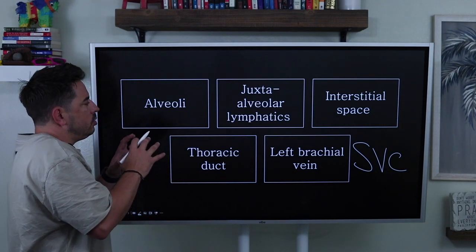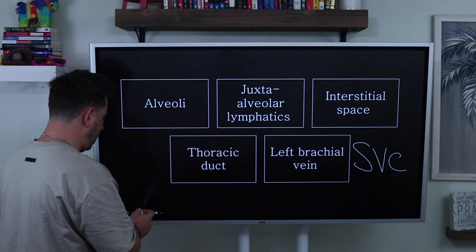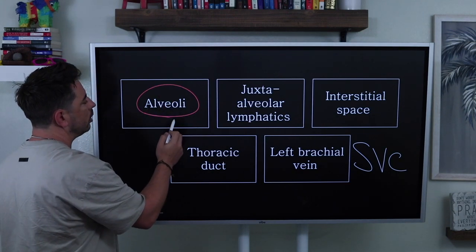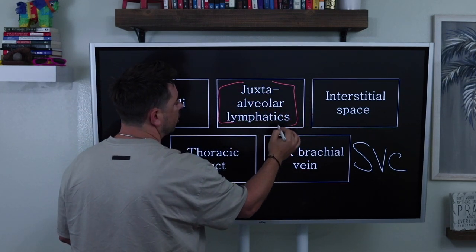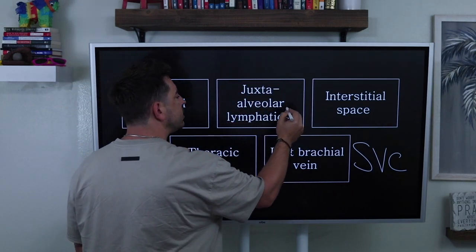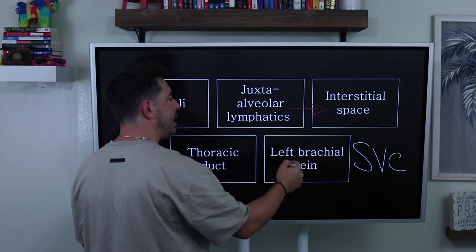So we do not necessarily see alveoli that have their own lymphatics. We utilize these juxta-alveolar lymphatics that remove excess fluid from the interstitial space.